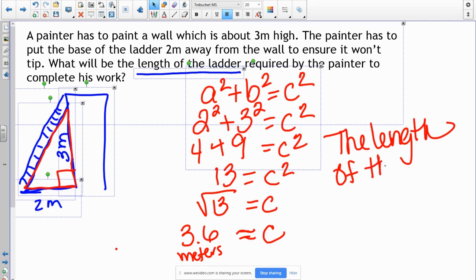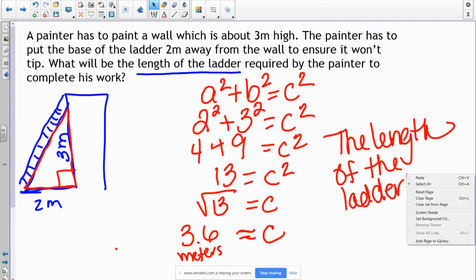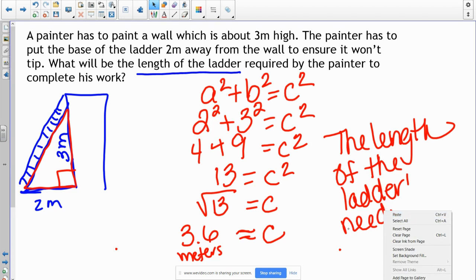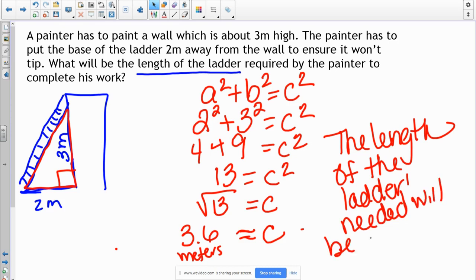of the ladder needed will be at least 3.6 meters long.